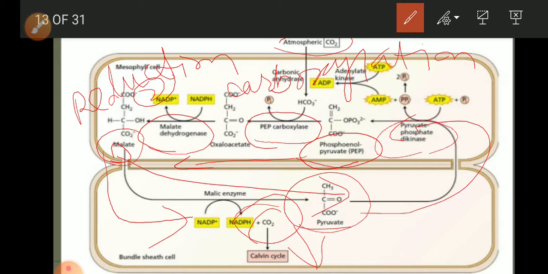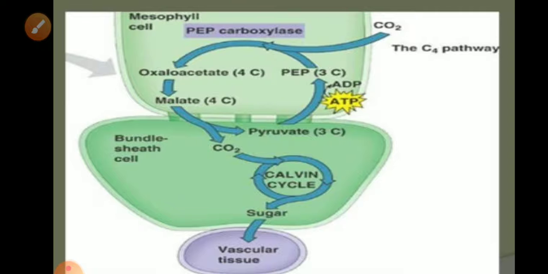So pyruvate will regenerate again and again into PEP, and this reaction will go on, and the carbon dioxide amount increases in the bundle sheath.